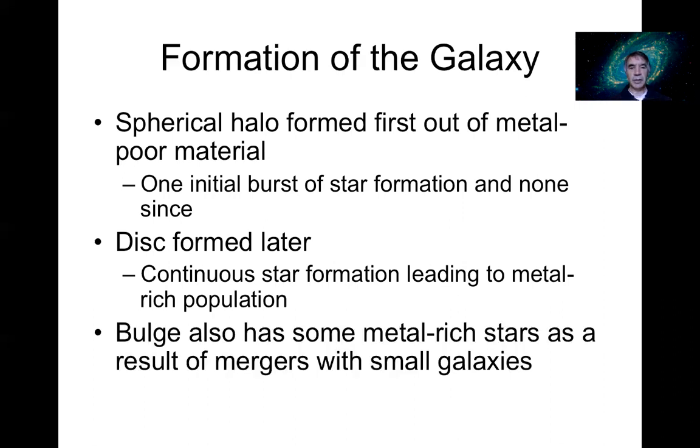So the bulge is a little bit different again. It's got some metal-rich stars as well as the metal-poor stars, so again, probably something to do with the initial spherical halo population. But it's also thought to be where a lot of stars end up when other little galaxies merge in with ours. Like the Magellanic Clouds that are orbiting us at the moment, eventually those galaxies will be gobbled up by the Milky Way itself, slowly spiraling in and getting captured.